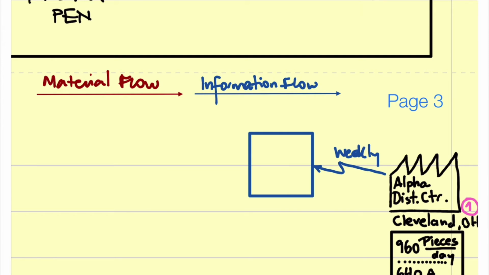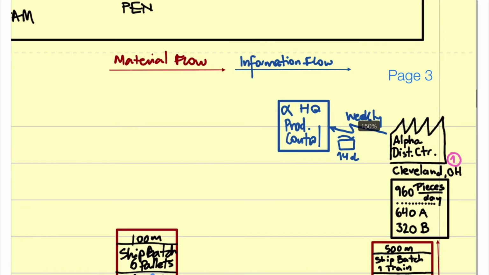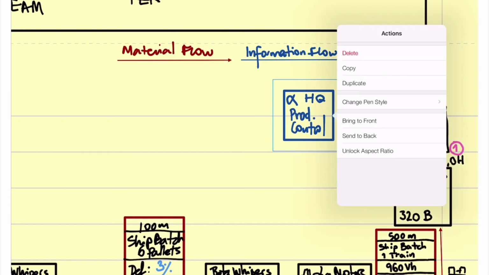So Alpha headquarters, production control. The distribution center sends some production control orders and they have an inventory information of 14 days. Then weekly, this information is broken down into small batches.